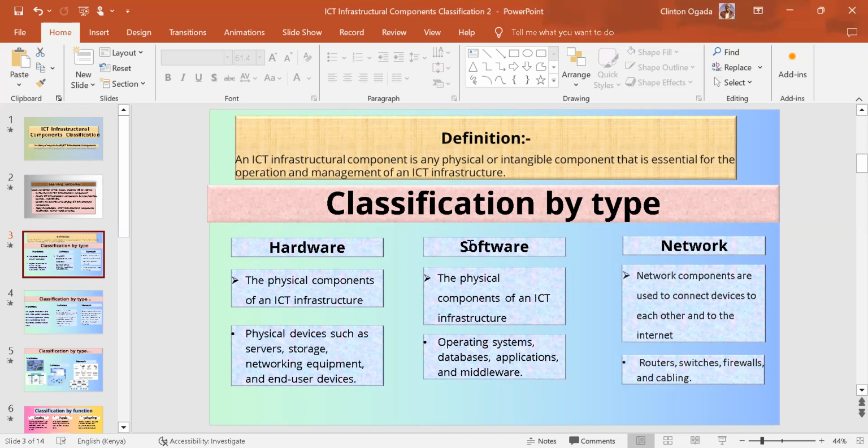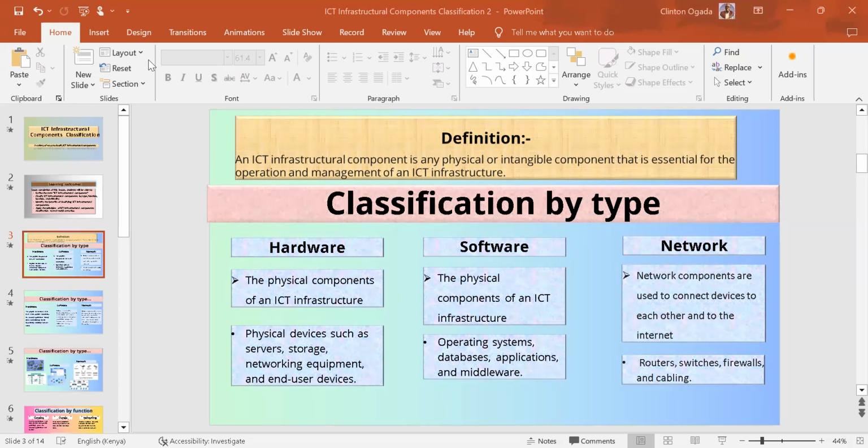When it comes to software, it speaks of the functionality. I think someone can help us on that. Dan, you can. What do you understand by the term software? What I understand by software is that it is a set of instructions which allow a specific task to be done in a computer or any other device.